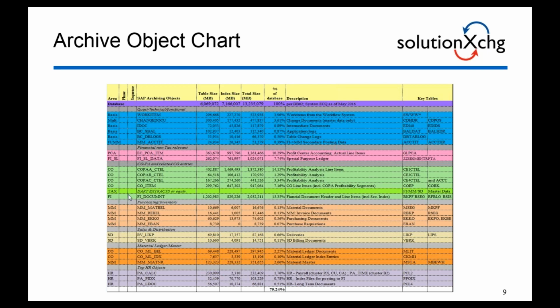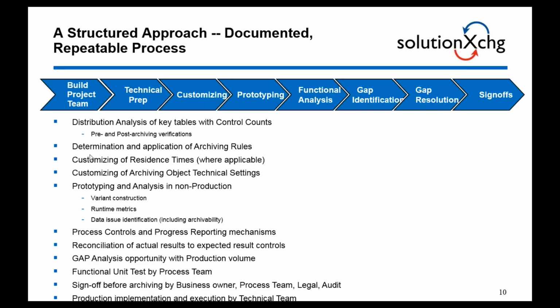Then we jump into COPA and CO related data, start to think about tax and get that implemented. And then we jump into tax relevant data, FI documents, material documents, POs, sales orders, billing docs, etc. So this is just an example of a chart that gets created after doing a complete analysis.